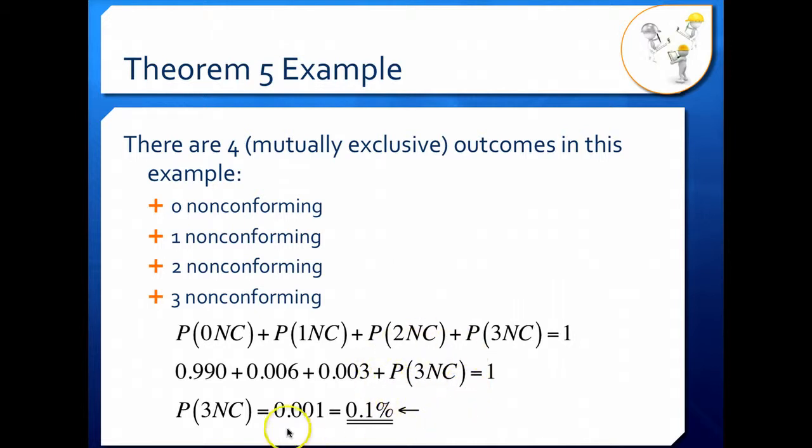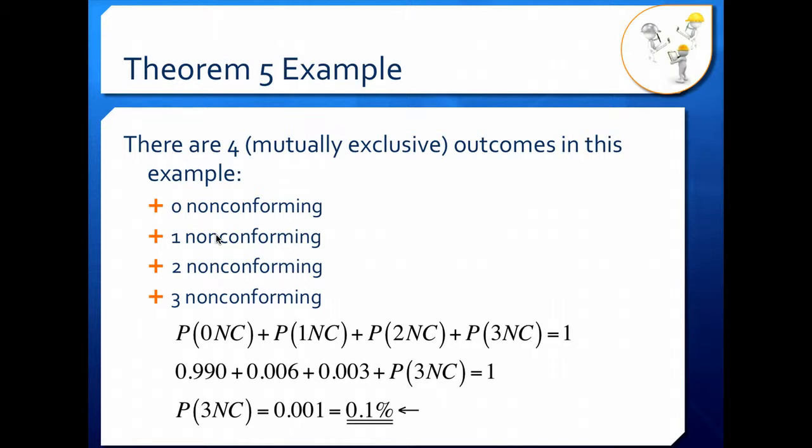And when we do that, we find that the probability is 0.1%. If we did have some overlap in our outcomes, the only difference would be that we would have to subtract out that overlap to make sure that we weren't getting a number that was too small. So in this case, no overlap, so no subtraction.